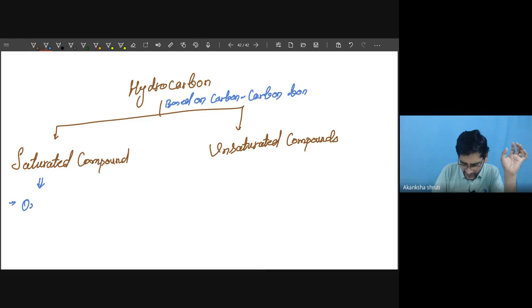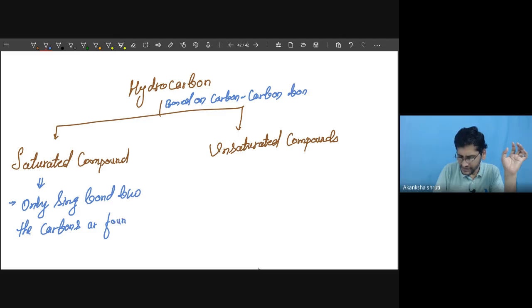So only single bond between the carbons is found in such compounds. Means only there will be a single bond between two carbons.